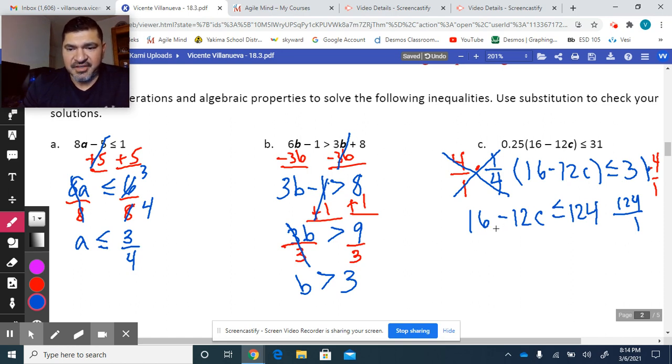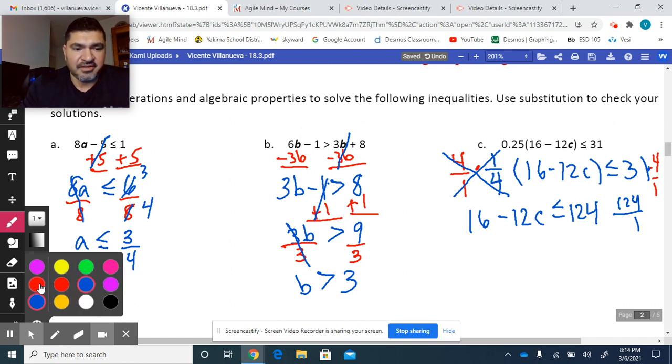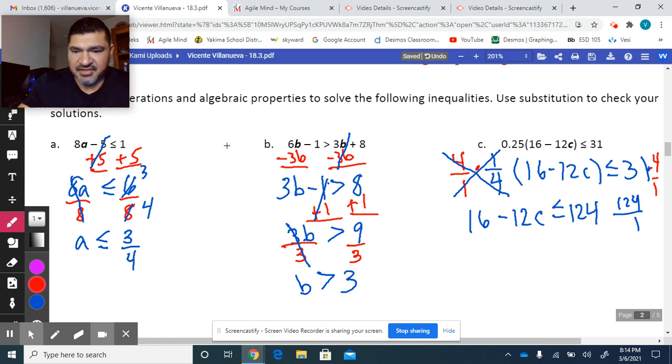And so the next step would be I would subtract 16. So I'm going to go ahead and minus 16 on both sides. Okay, this is going to cancel.